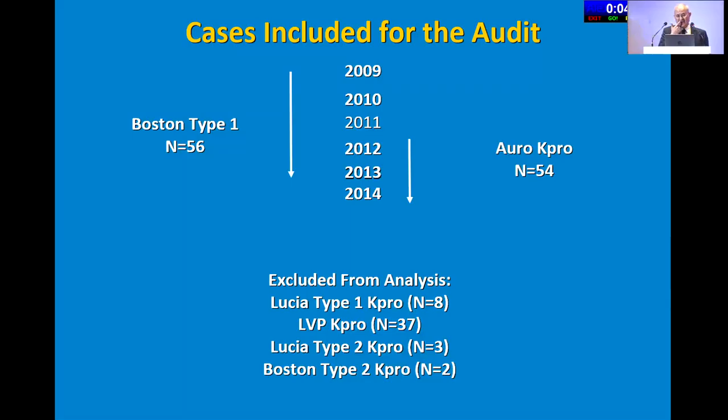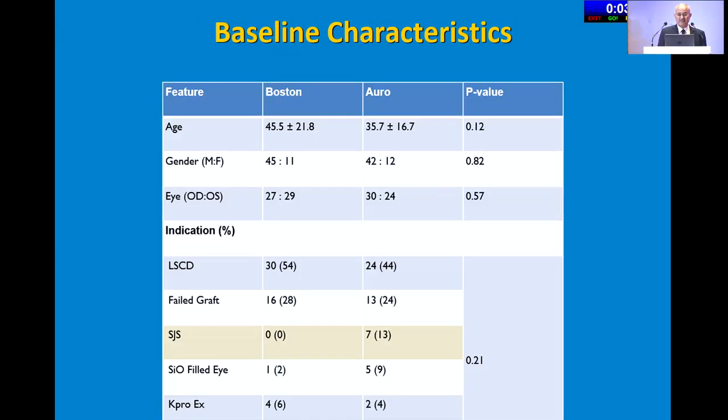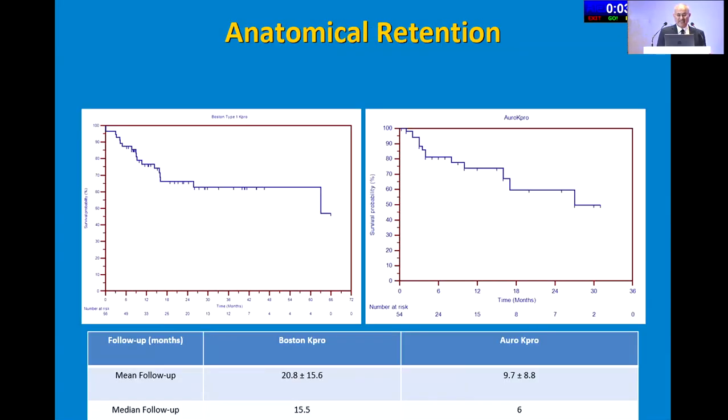So Oro K-Pro we have done 54, and this paper is published in AJO. So we wanted to compare whether the outcomes of Oro K-Pro, our indigenous Indian-made K-Pro, versus Boston-made, are any different. And to our satisfaction, we found that both K-Pros performed very well in different situations, and there was no significant difference in adverse events or retention rates.